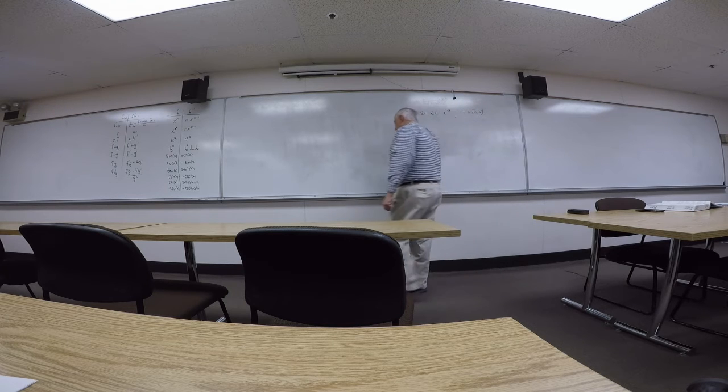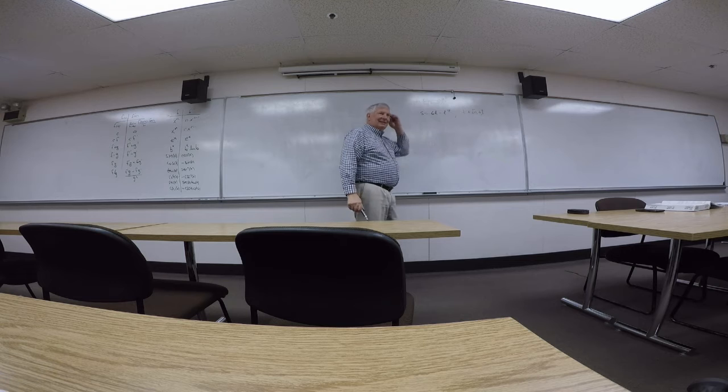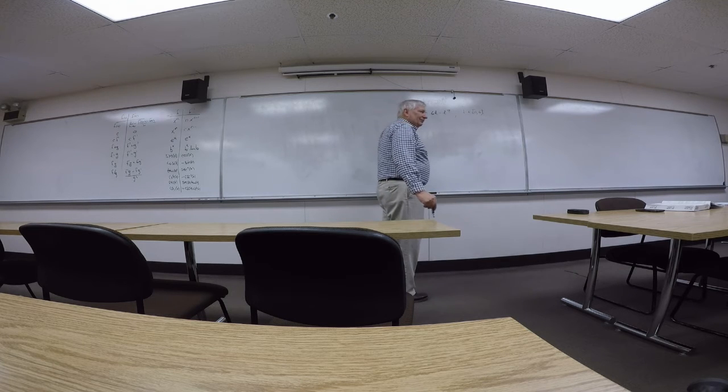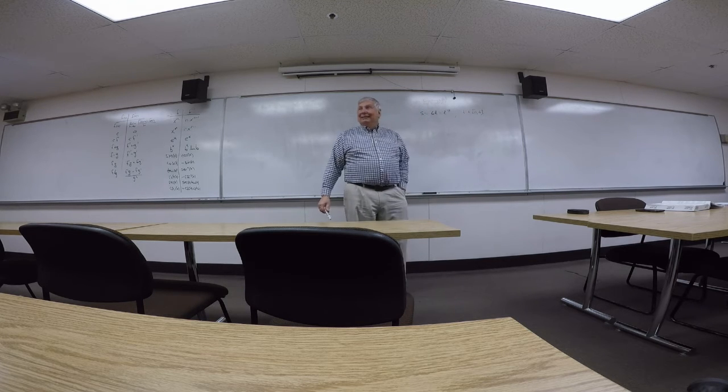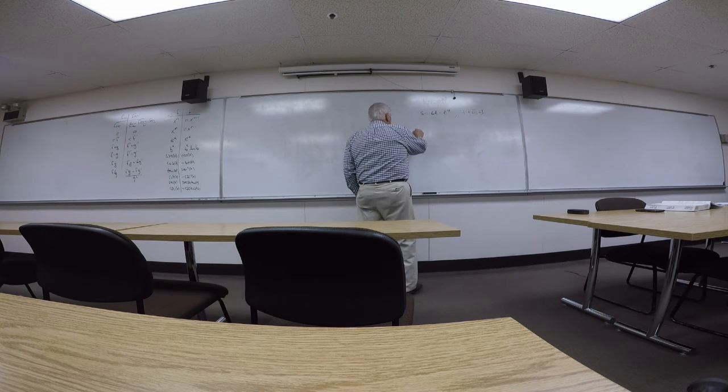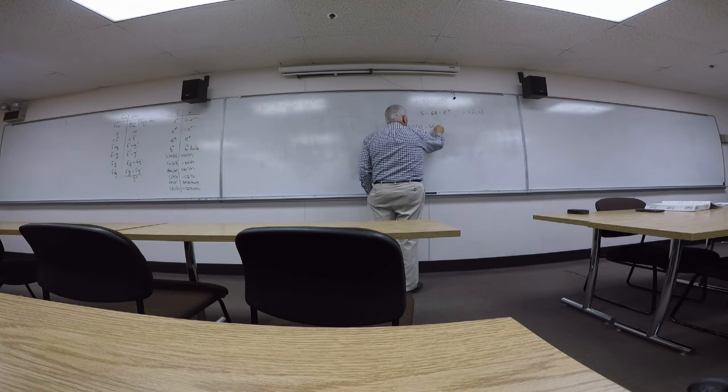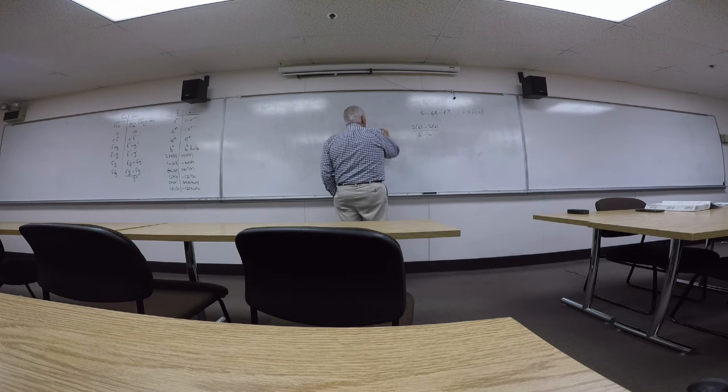So, part A said, find the average velocity from beginning to end. And the average velocity is the difference in positions divided by difference in time. That is, I want s evaluated at 6 minus s evaluated at 0, divided by 6 minus 0. And this is my average velocity.